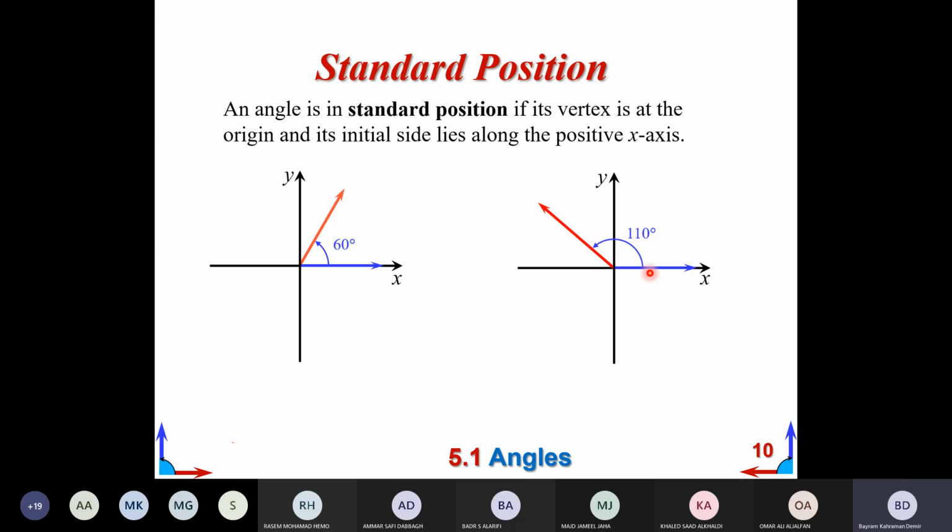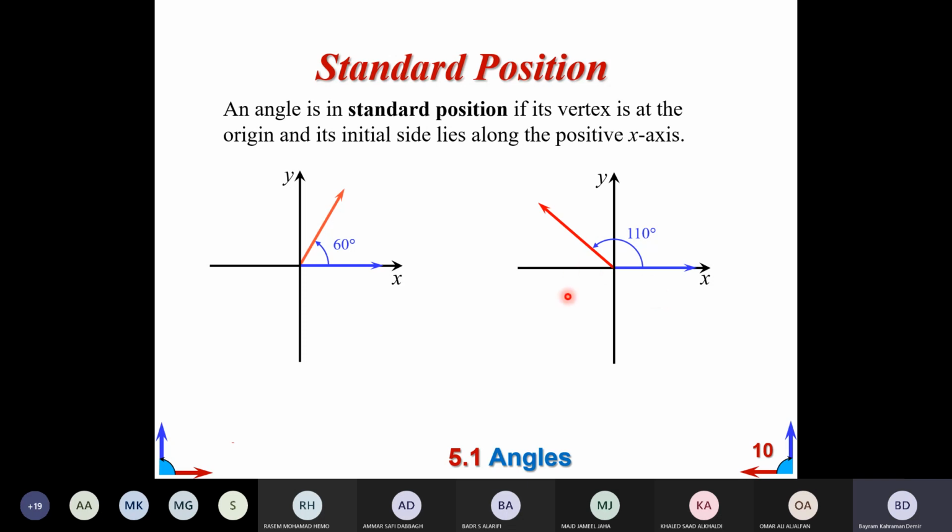In the second picture, for example, we have 110 degree. Looks like the terminal side is in the second quadrant. So we say 110 degree is in the second quadrant. So it depends on where is the terminal side, second or third or fourth quadrant.